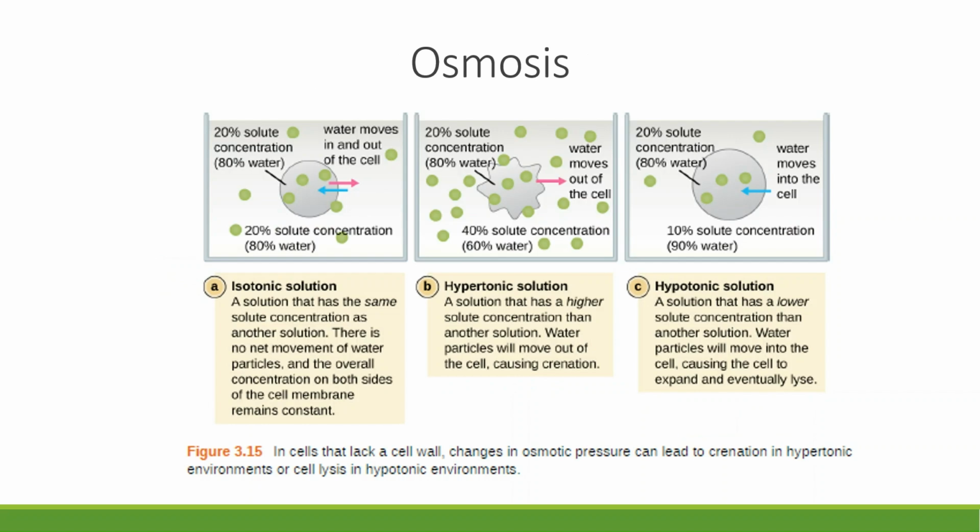If chemicals like salts are really high in concentration, in other words, the number of chemicals per volume of water is high outside versus inside the cell, water will move either in or out to try and balance out the chemical concentration. In biology, water has chemicals dissolved in it.